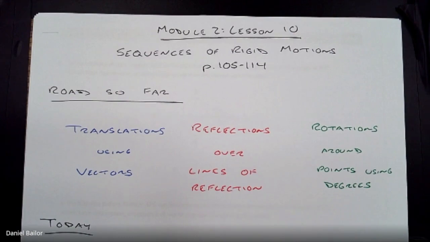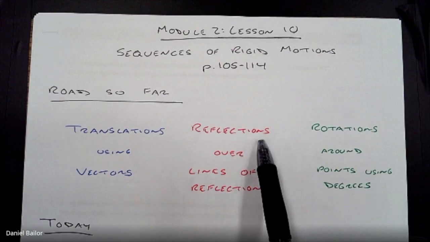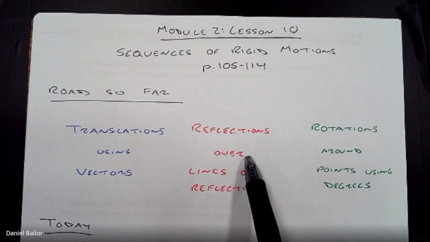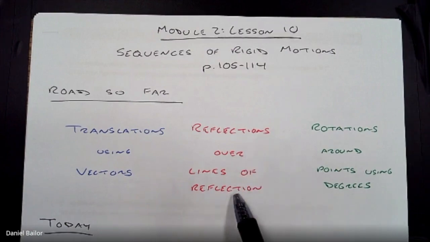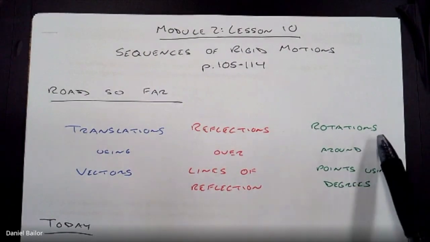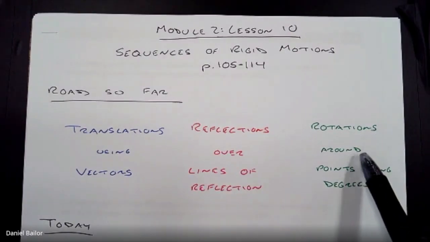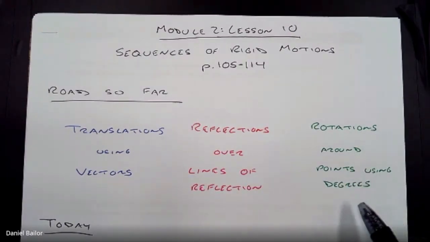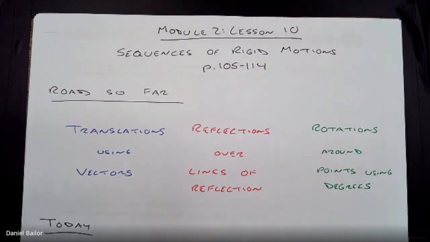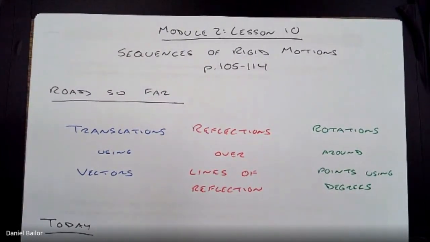The first change we studied was called a translation, and translations use a rule called vectors. We also talked about reflections, and reflections are over the rule of a line of reflection. The third type of rigid motion was called a rotation, and the rule for rotations go around points using degrees. So those are the three types of rigid motions that we have studied.